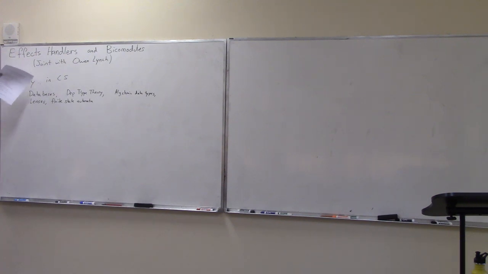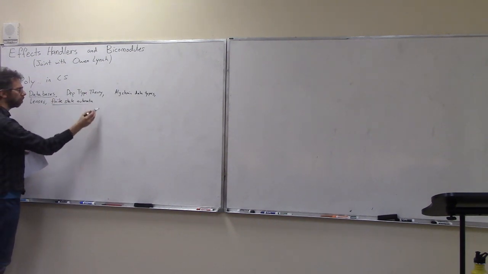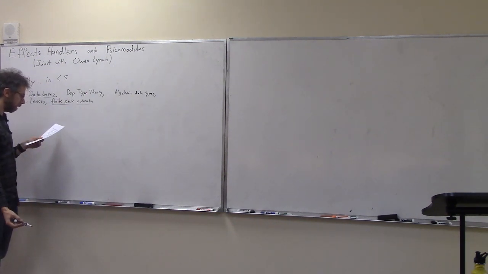So polynomials come up all over the place in CS, and maybe there's some way to link all these different things. Today we'll be linking not really databases, but bicomodules, which are the duck queries or different uses of conjunctive queries that connect one schema to another, and finite state automata, kind of.